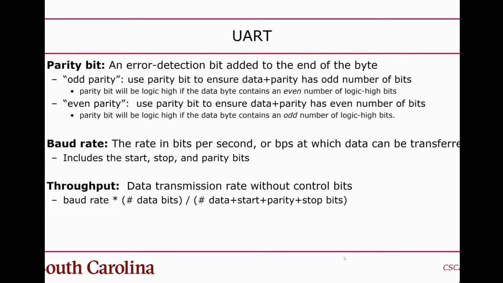So the throughput is the baud rate times the number of data bits divided by the number of data plus start plus parity plus stop bits, right? And I mentioned that UART channels can have 1 or 2 stop bits. They can have a parity bit or not have a parity bit. And I think, if I remember correctly, you can even have different numbers of data bits. Typically there's 8 data bits, but you can change that depending on the setup for the channel.